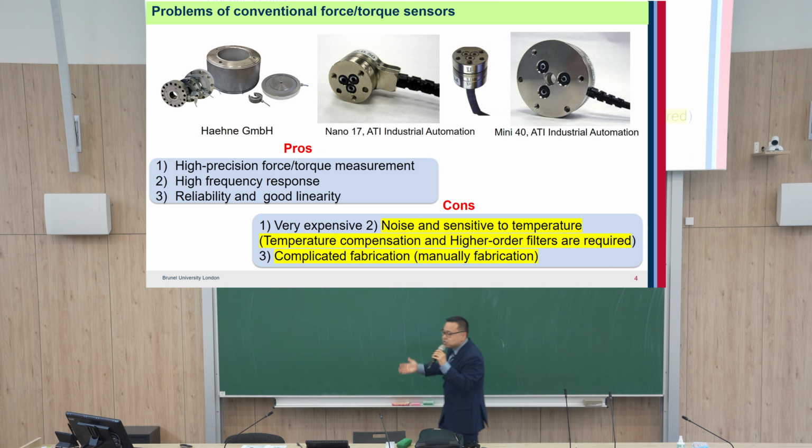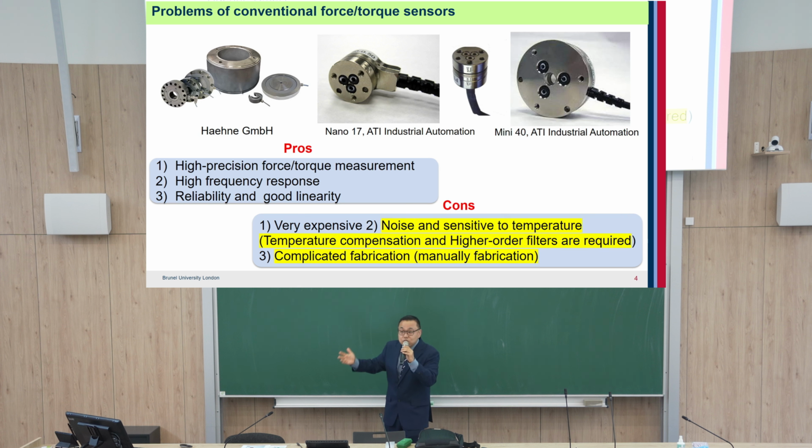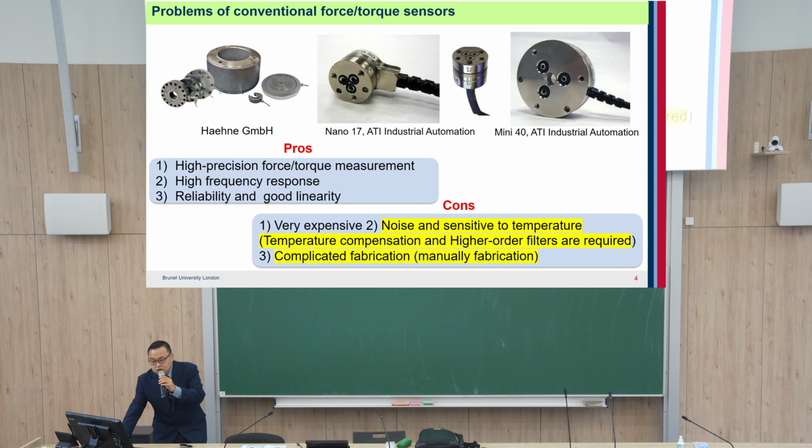Other force and torque sensors, for example magnetic and Hall sensor based ones, can guarantee maybe up to 100 hertz. The meaning is that we can't use those sensors in many applications which require motion above 1000 hertz. And also, reliability.